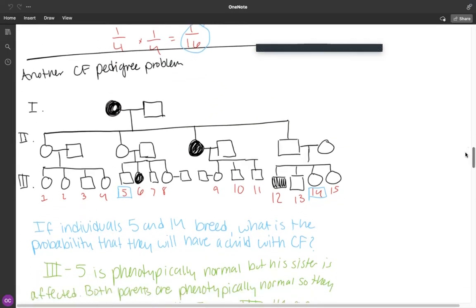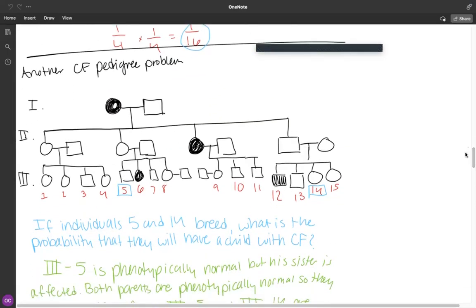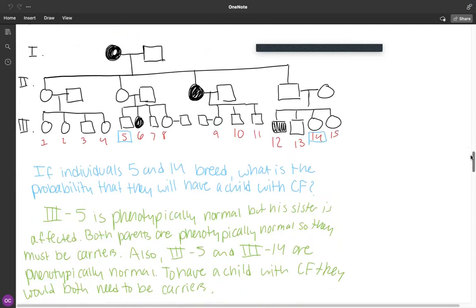So here is another pedigree problem about cystic fibrosis, and I believe that this one was one of the ones on Blackboard. I thought this one was pretty tricky, so I thought I would go through it. So the question asks, if individuals 5 and 14 breed, what is the probability that they will have a child with cystic fibrosis?